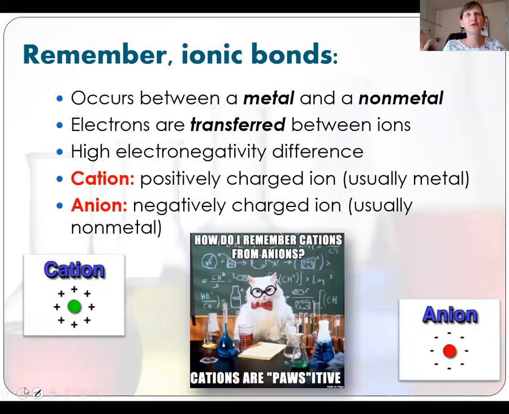All right, so remember, ionic bonds occur between metal and nonmetal. Electrons are transferred. Aha, here's our cation and our anion. Cations are positive because cats are the most positive animal there is. And anions are negative. I don't know a way to remember that. I just remember the cat ones, and then I go from there.